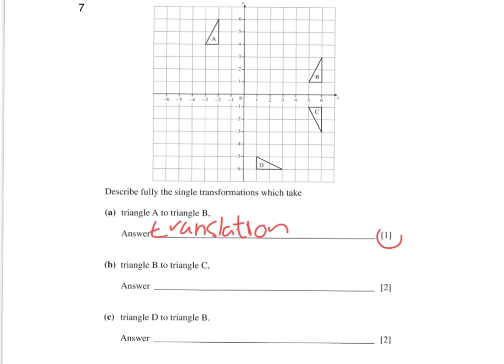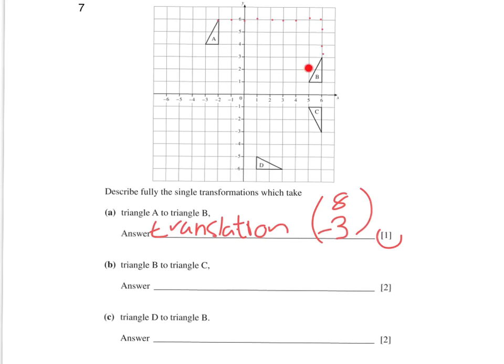So if we consider the top corner, we have gone 1, 2, 3, 4, 5, 6, 7, 8 squares across, and 1, 2, 3 squares down. So that is a vector of 8 minus 3. So translation of 8 minus 3.